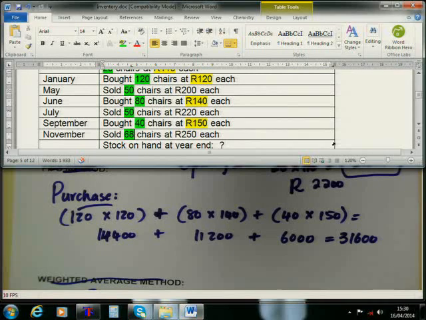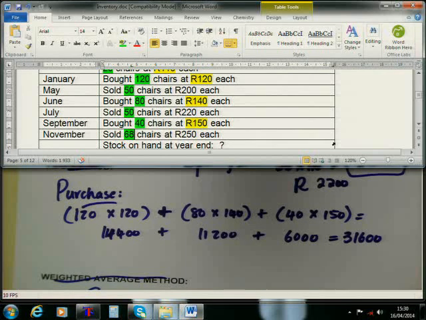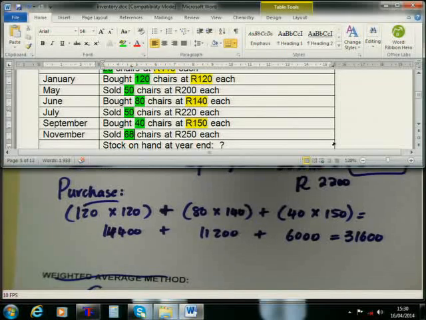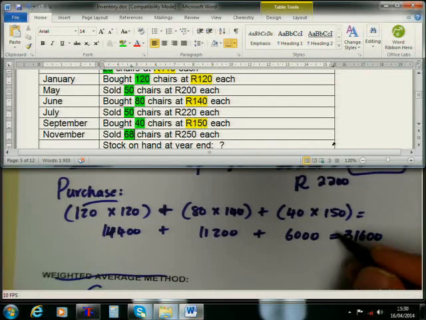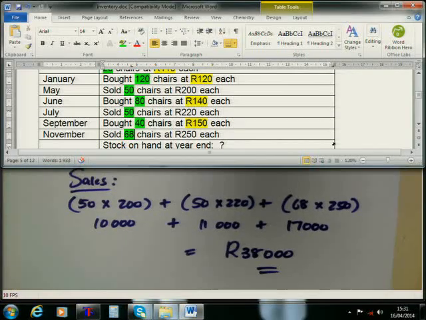That gives us 50 times 200 gives us 10,000 rand, plus the 50 times 220 gives us 11,000 rand, plus the 68 times 250 gives us 17,000, and that plus the 11,000 plus the 10,000 gives us 38,000 rand for sales.